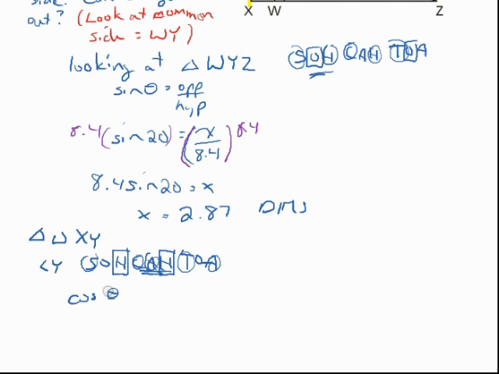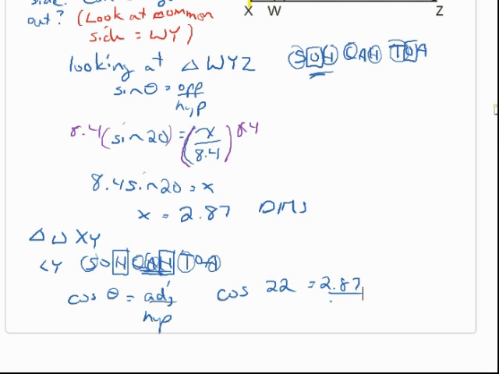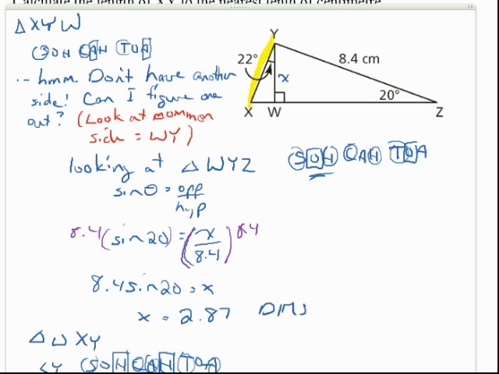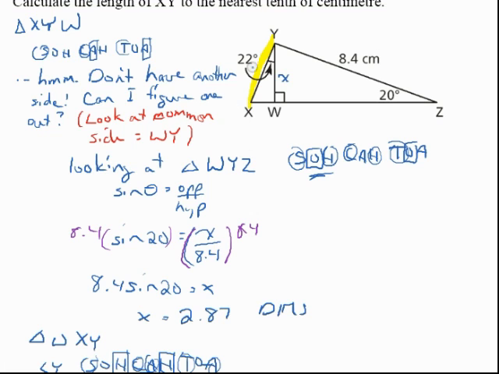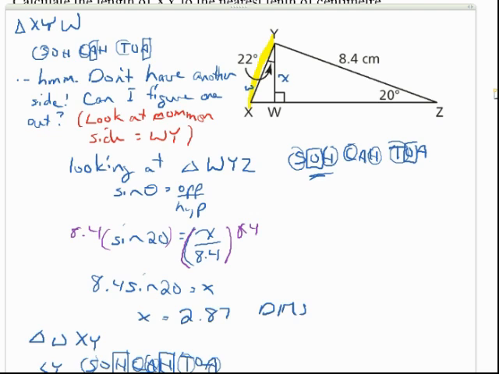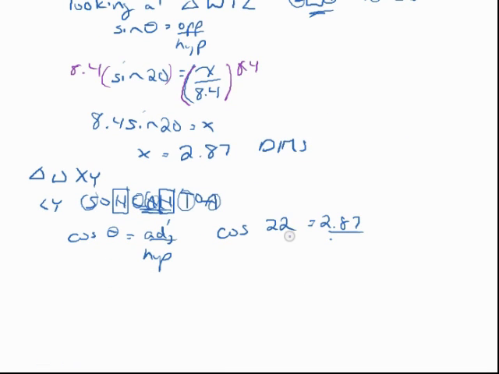So cos theta equals adjacent over hypotenuse. Cos of 22 equals 2.87 over, should we label this one? Let's label this one W. So that's over W.